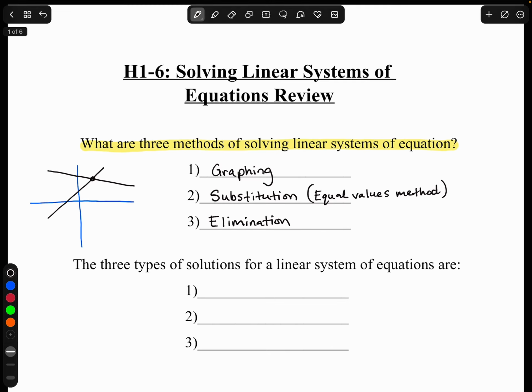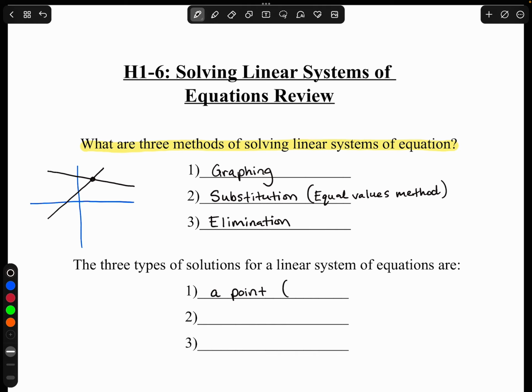All right, and then it says the three types of solutions for a linear system of equations are, well, one would be a point, which is like an ordered pair, like our x comma y. So we refer to that as an ordered pair.